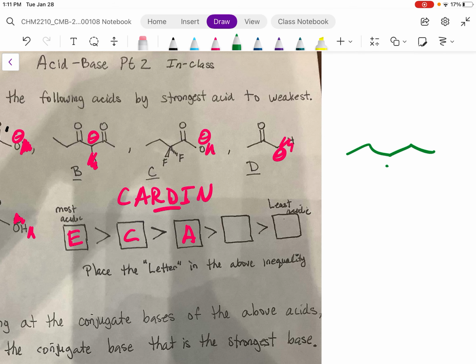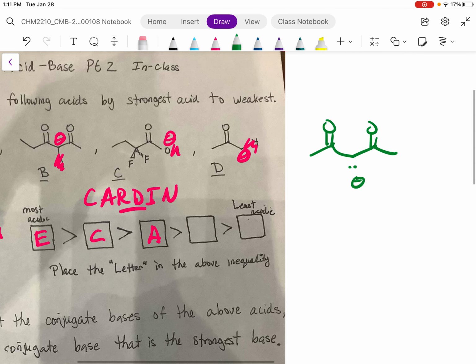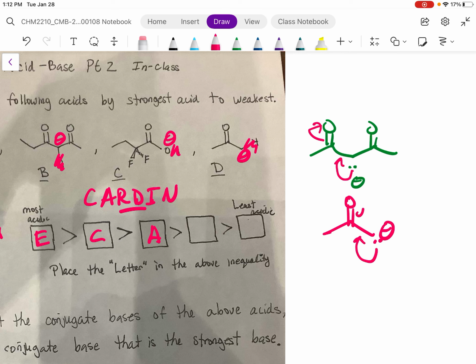See, if you have something like this, you could draw a resonance structure where you take that lone pair, go that way, and you draw a resonance structure. You can also take that lone pair and go this way. Compared to molecule D, there's only one resonance structure.